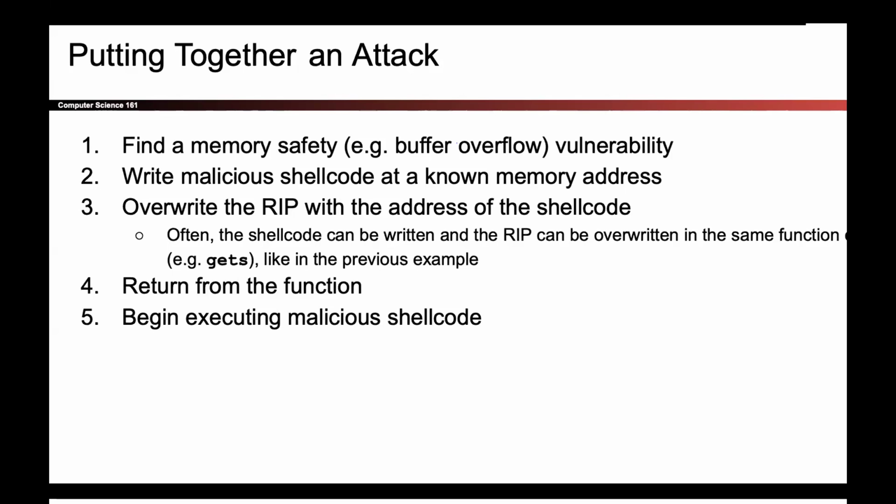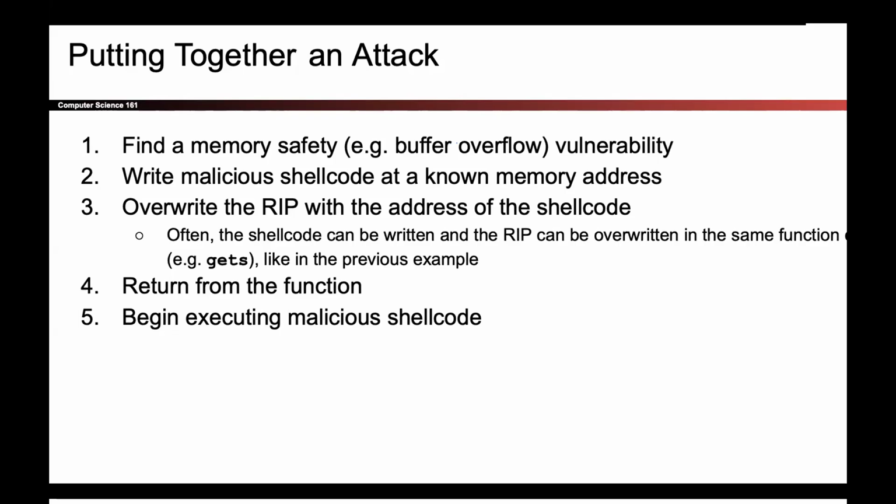And so in terms of the stages of an attack, if you have this bug in your code, the attacker is going to go look for this kind of bug, and if they find one, then to exploit it, they're going to somehow cause the program to copy their malicious shellcode into memory somewhere.